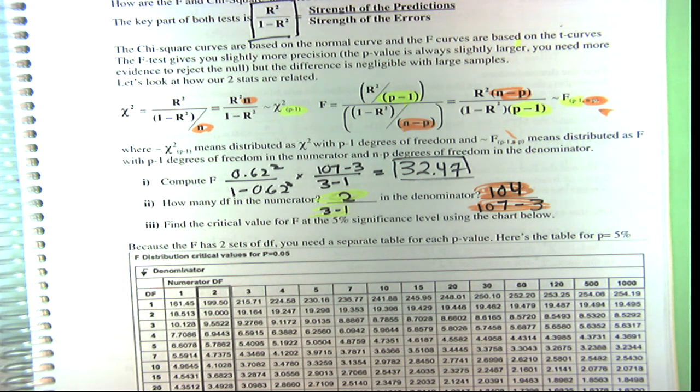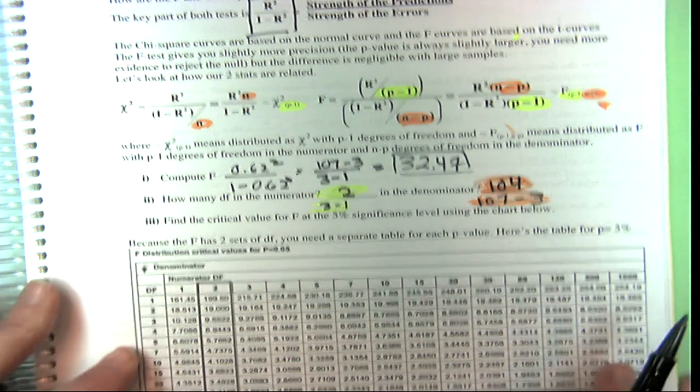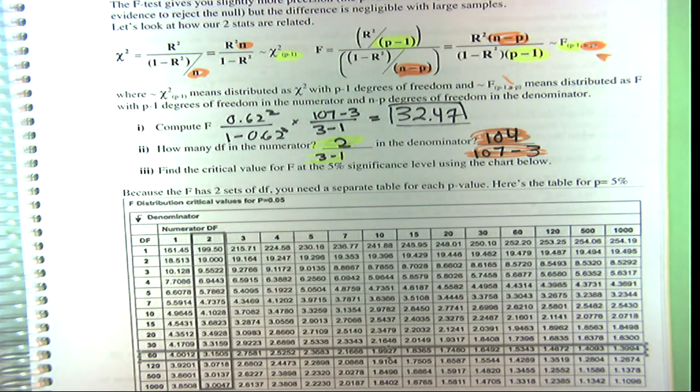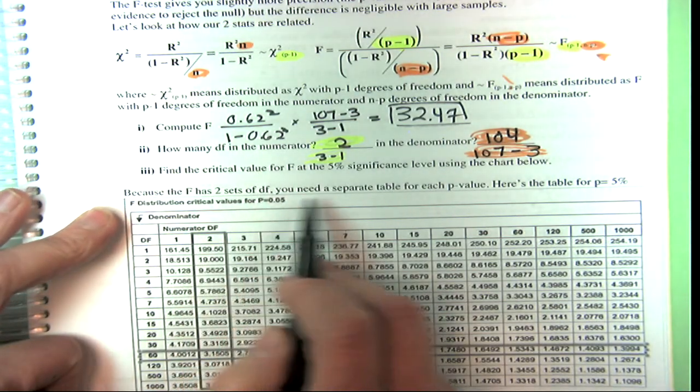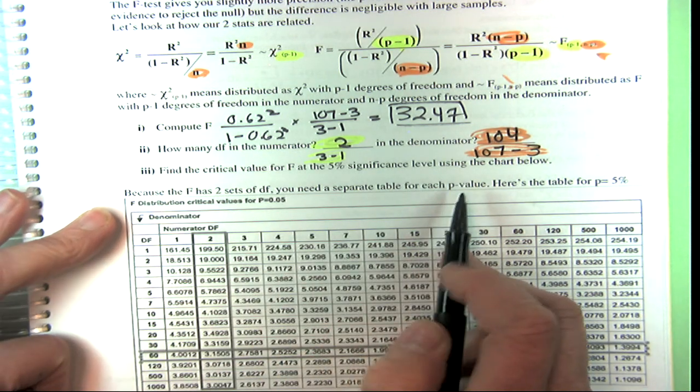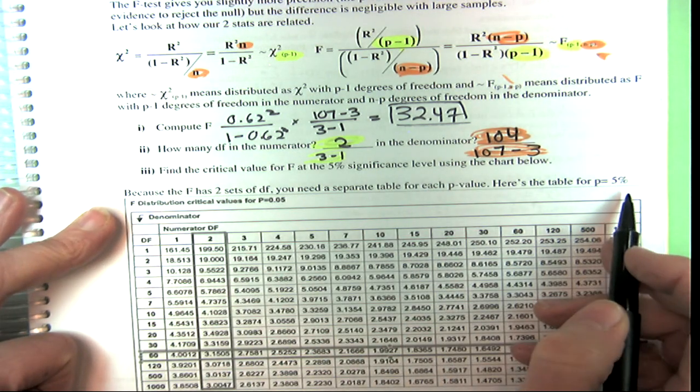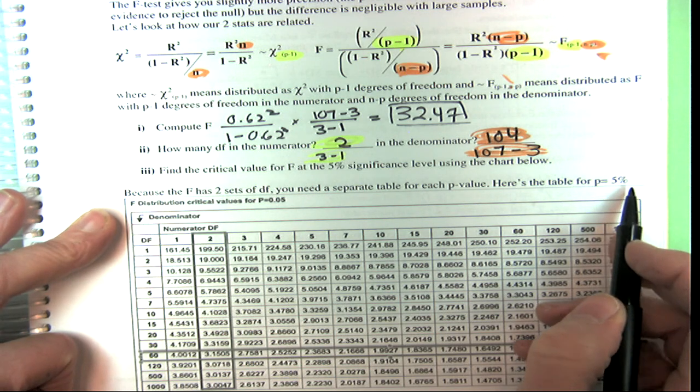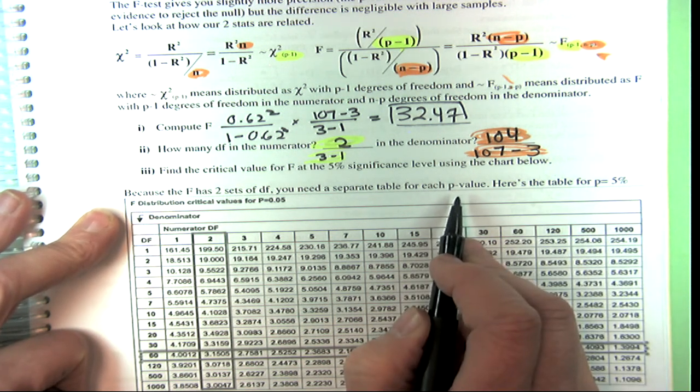Okay, so now, because there are 2 sets of degrees of freedom, this is more complicated. Because the F has 2 sets, you need a separate table for each p-value. Here's the table for p equals 5%. These p-values have nothing to do with parameters.